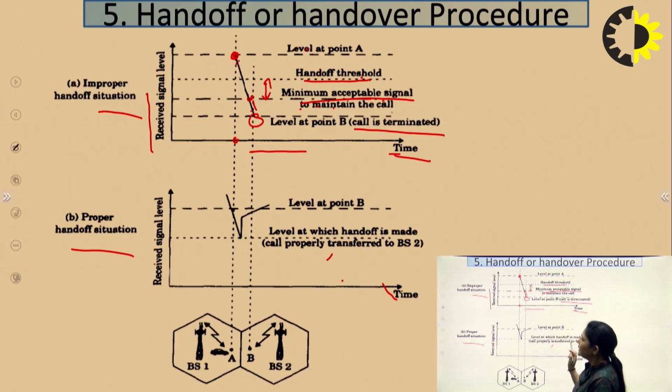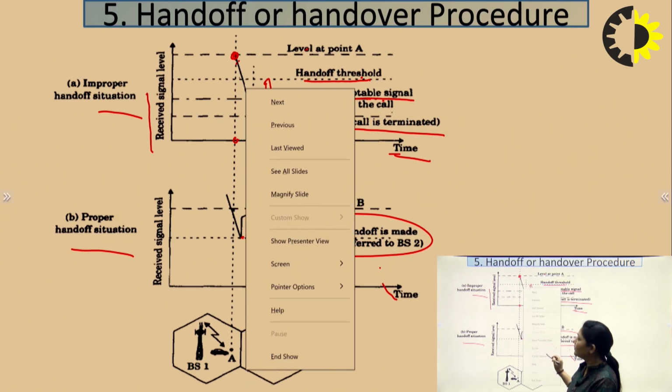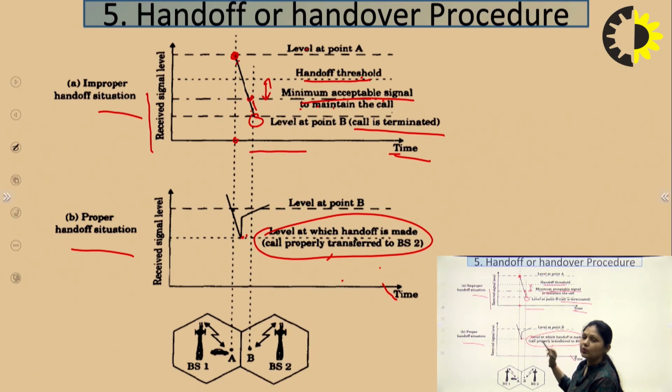Whereas in the case of proper handoff, the level at which handoff is made is proper. At this point, the power is not below the minimum acceptable level, and the decision to handoff has been taken. That's why the signal has been shifted from base station 1 to base station 2, and proper handoff has taken place. So you have seen both the improper and proper handoff.